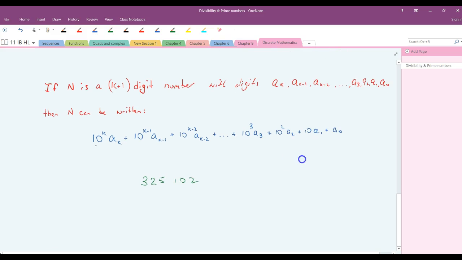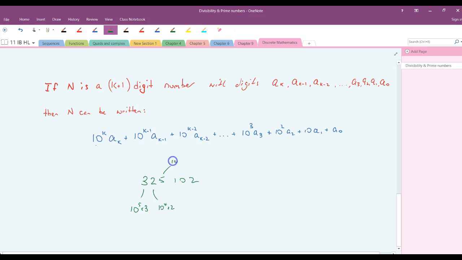325,102. Then we write this number here as, right, that place value there is 10 to the 0, 10 to the 1, 10 squared the hundreds, 10 cubed, 10 to the 4. This is 10 to the 5, so it would be 10 to the 5 times 3. And this would be 10 to the 4 times 2.